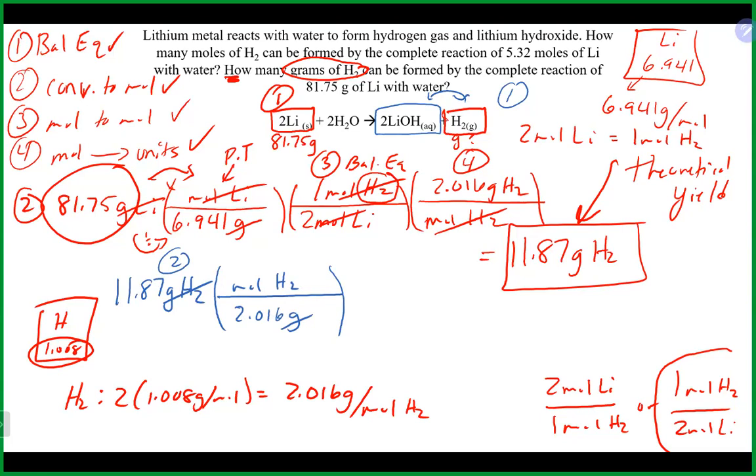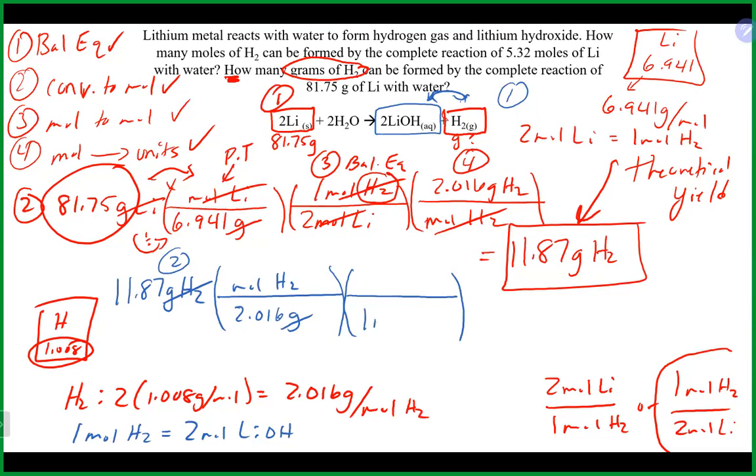Now, when we look at the equation, we see that for every 1 mole of H2, we get 2 moles of lithium hydroxide. So again, we can now figure out our other product in this case, and we'll use that as a conversion factor. So we want to get rid of the H2.